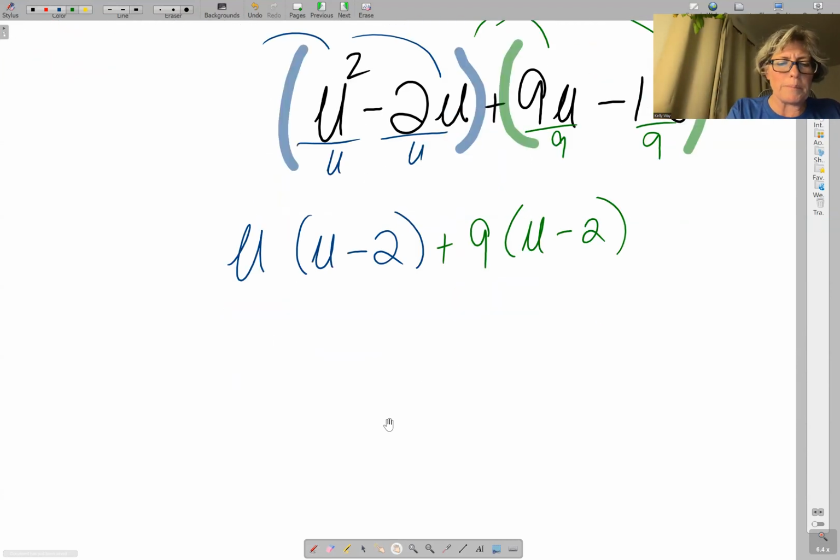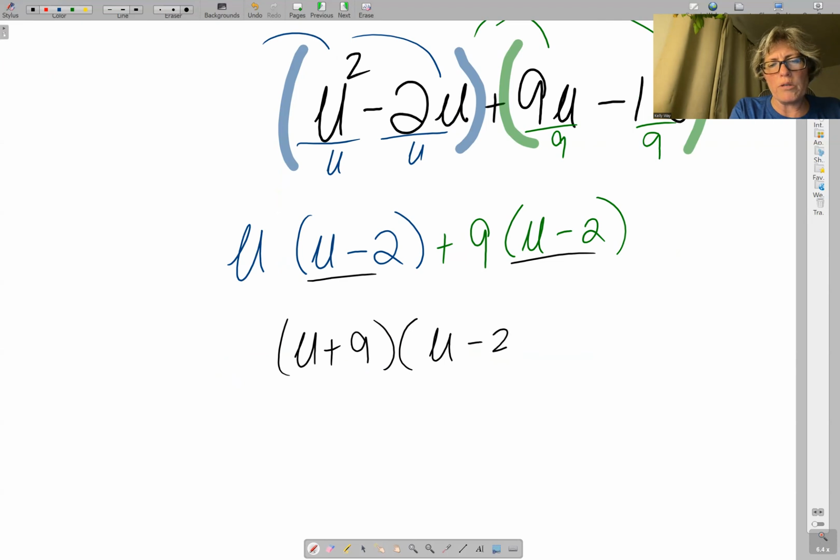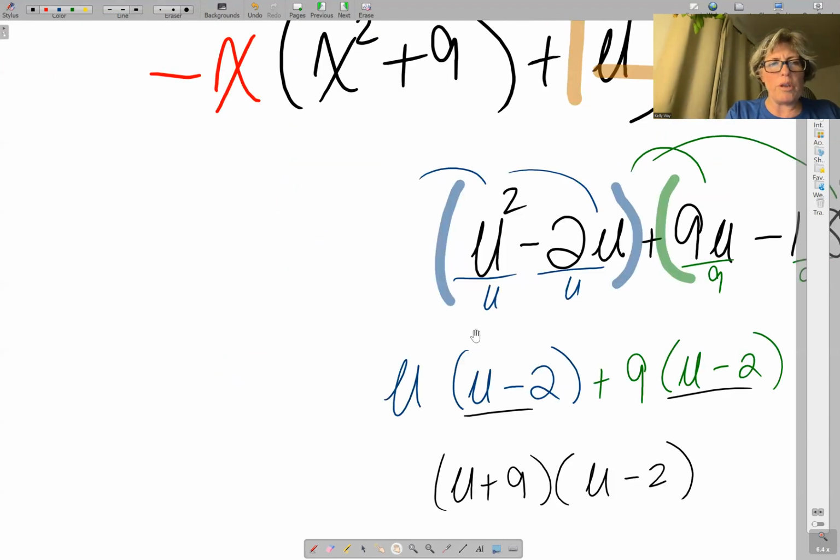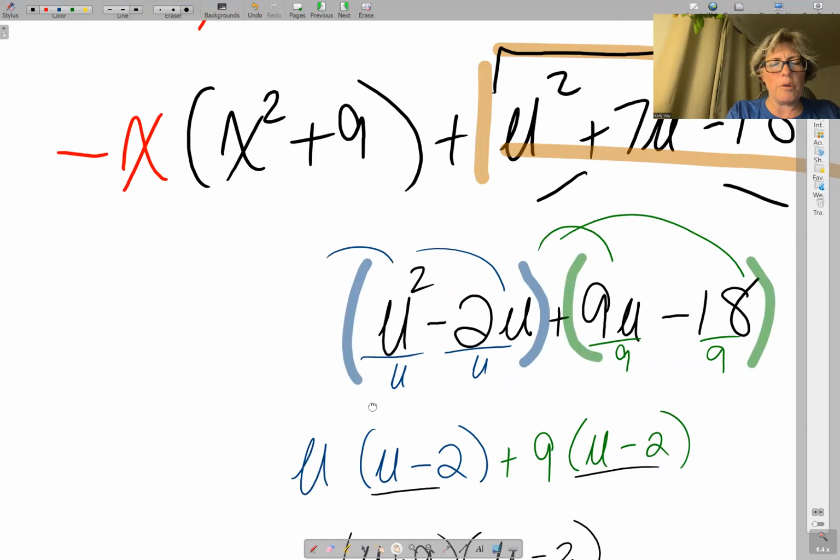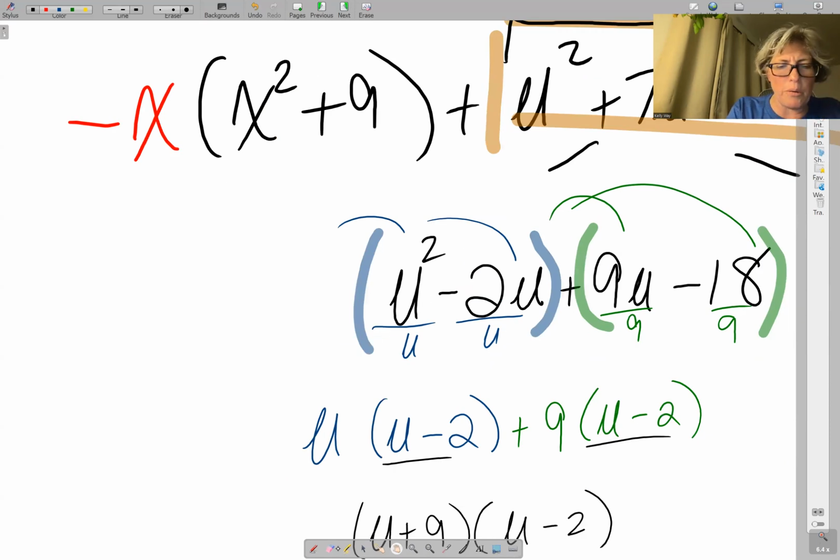So exciting. And so we have, let me get my color straight here, u plus 9 and then u minus 2. All right, that's where we're at. And then we're going to bring down what we originally had with our x's, which is up here, and resubstitute.